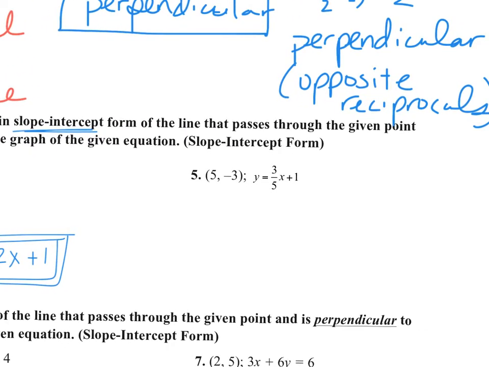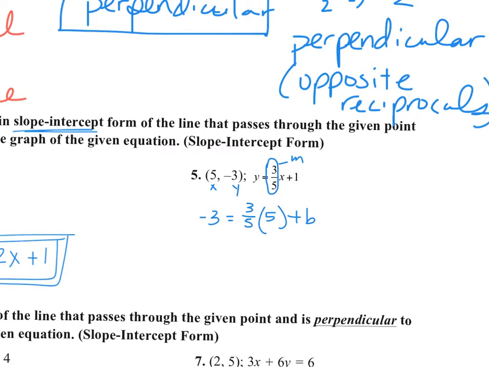Okay, if we try that again with this one, if I want to be parallel to this equation, I need this slope. So this is going to be my m, this is my x, this is my y. So y equals m times x plus b. Okay, and we want to figure out what b is.